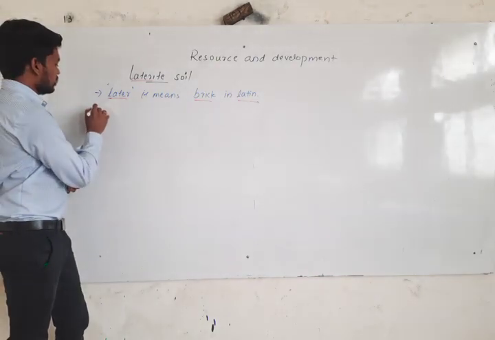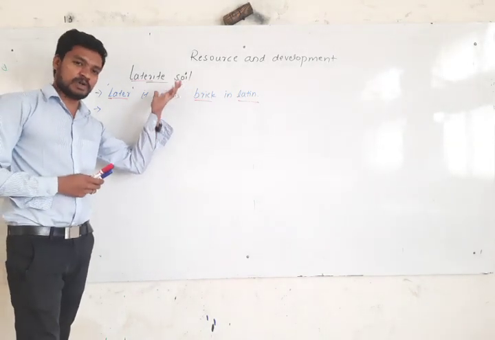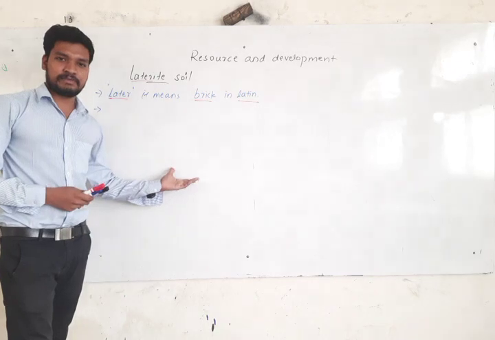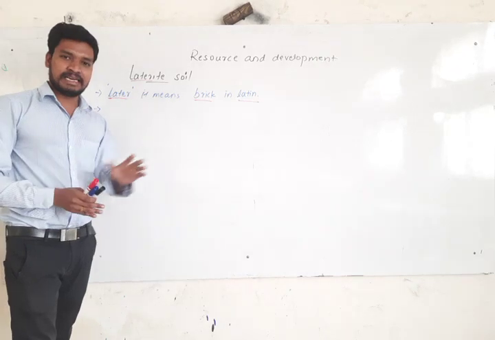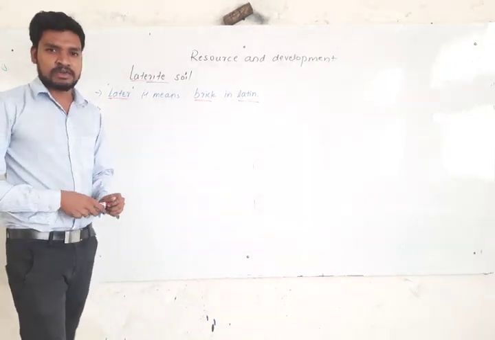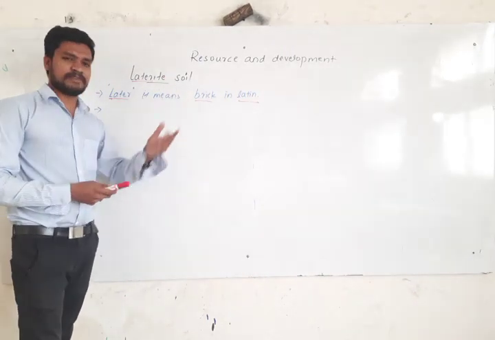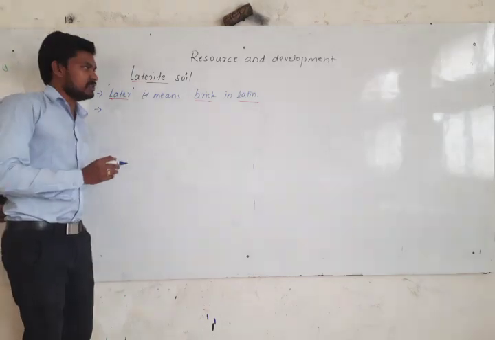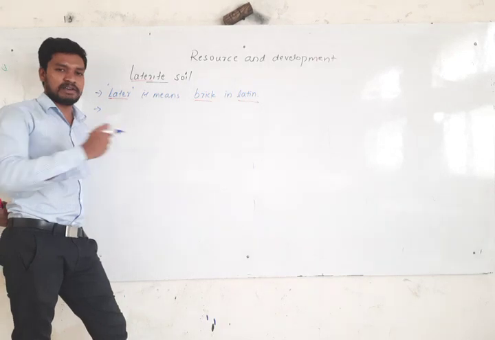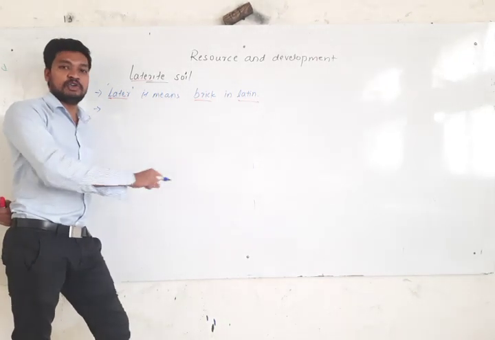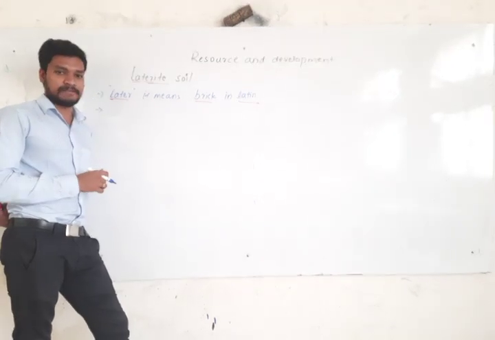It's the layer or final formation of a soil after weathering. Do you know what weathering is? Under the process of high temperature and low temperature, the rock breaks into pieces. So it's the ultimate result of that weathering. This soil forms due to intensive leaching. Leaching is the removal of fertility and humus in the soil, due to high temperature and very high rainfall.